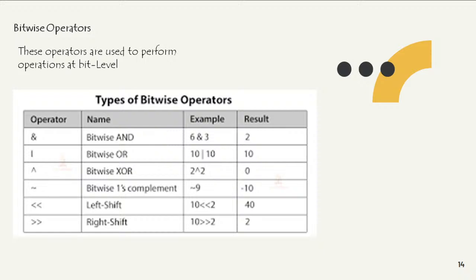For example, bitwise AND of 6 and 3. The number 6 is represented in binary as 0110, whereas 3 is represented as 0011.